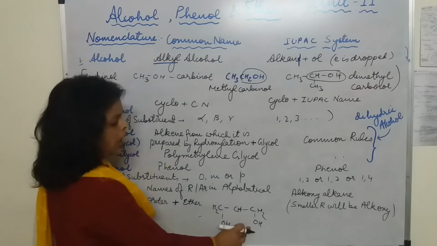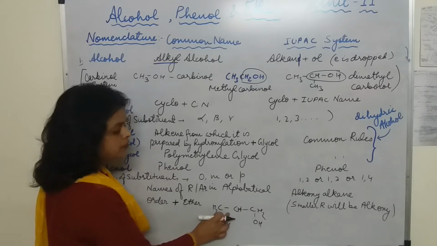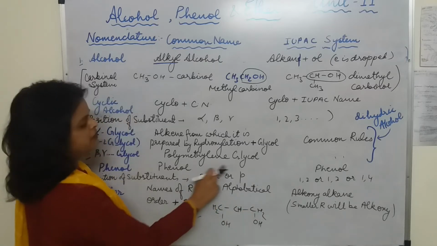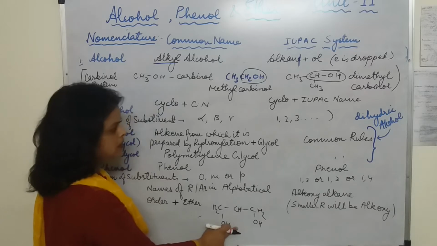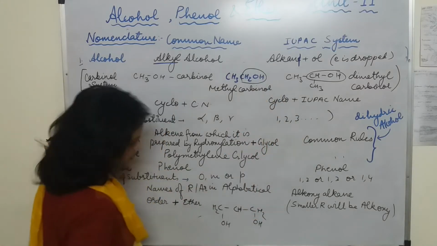How many methylene groups are there? 1, 2 and 3, so it is trimethylene followed by glycol. Its common name will be trimethylene glycol, and we follow the general rules for writing the IUPAC name.